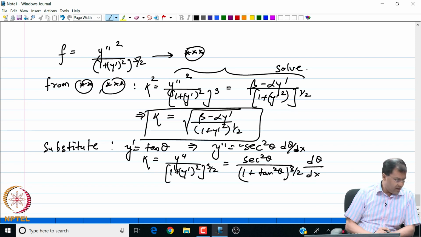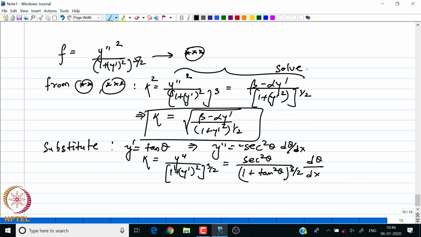So, we get that kappa is equal to this, and after simplification this comes out to be cos theta d theta dx. Okay. Or this is also equal to cos theta times dy dx, so y prime of x times d theta dy, right. Or I see that y prime is equal to tan theta. So, this comes out to be sin theta d theta dy.